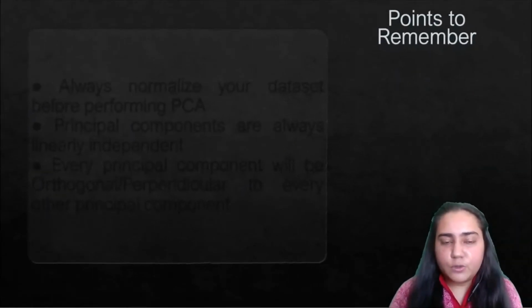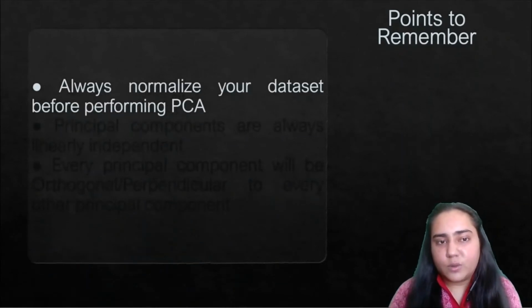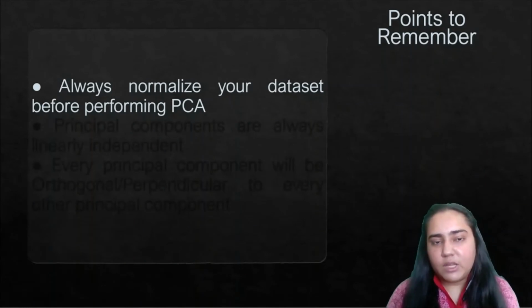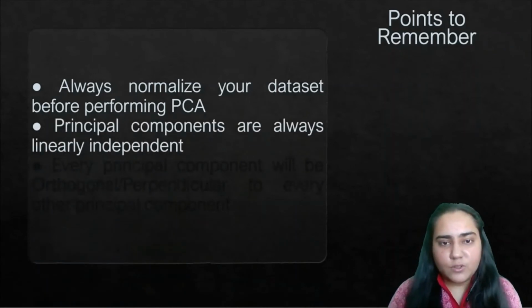Now, some points to remember when you're dealing with PCA: always normalize your data set before performing PCA, because PCA gets very much affected by outliers. So you have to normalize your data set. Principal components are always linearly independent because that's the idea.